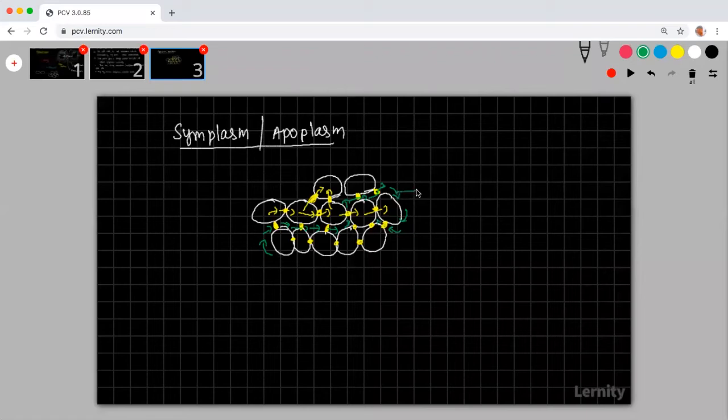The green arrow here indicates the apoplastic pathway, and the yellow arrow here indicates the symplastic pathway.